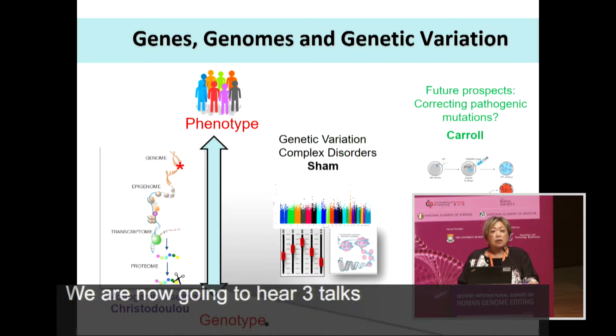And finally, to think about how technology may open up in the future prospects for correcting pathogenic mutations from Professor Dana Carroll from Utah, and of course, the corresponding technological difficulties and issues and the ethics regarding that will be discussed later on in this summit. So without further ado, can I please invite Professor John Christodoulou to give the first talk.